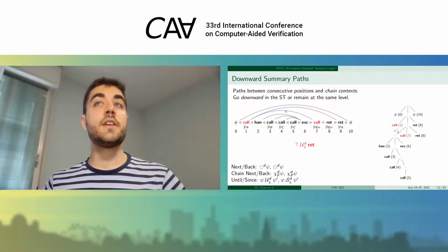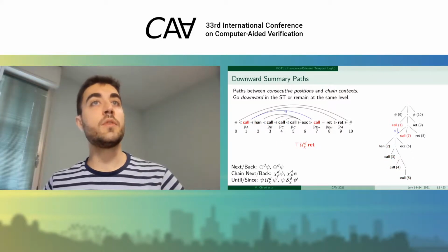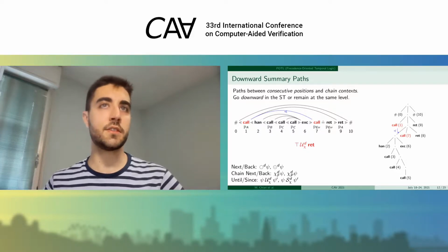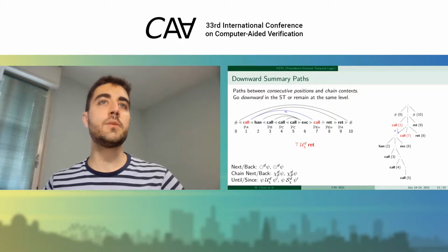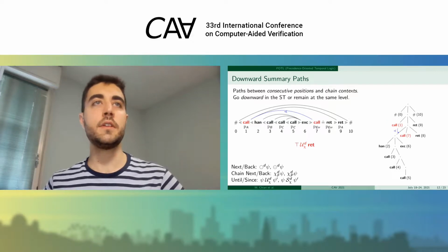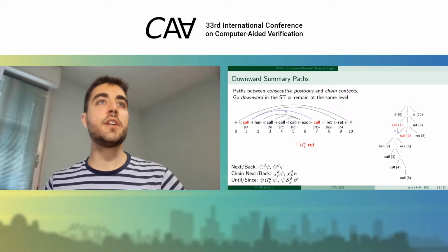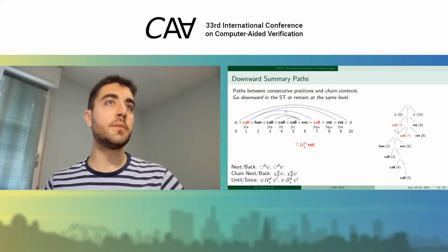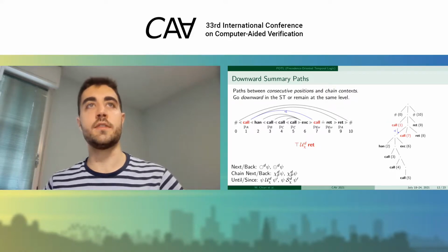And as I said, we can also jump over chain bodies by going along the chain relation. So here we evaluate in position 1 this true until down return. Since there is no return from position 2 to 6, we jump over all of that by following the chain relation between the call in position 1 and the one in position 7.